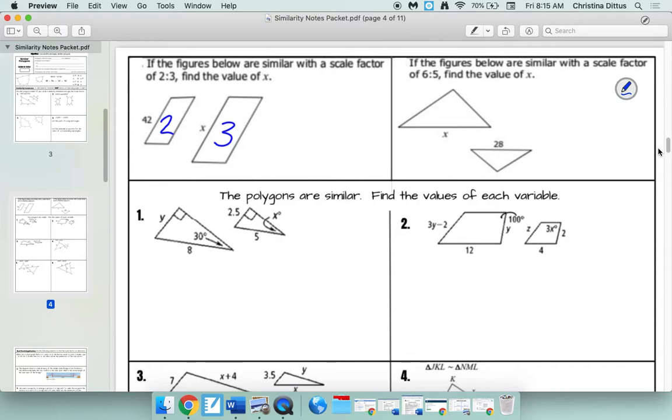Okay, so we got our proportion of 2 to 3. So which one should I put on top, the 42 or the x? The 42, that's what it matches. How am I going to solve? Cross multiply. So 2x equals 126.